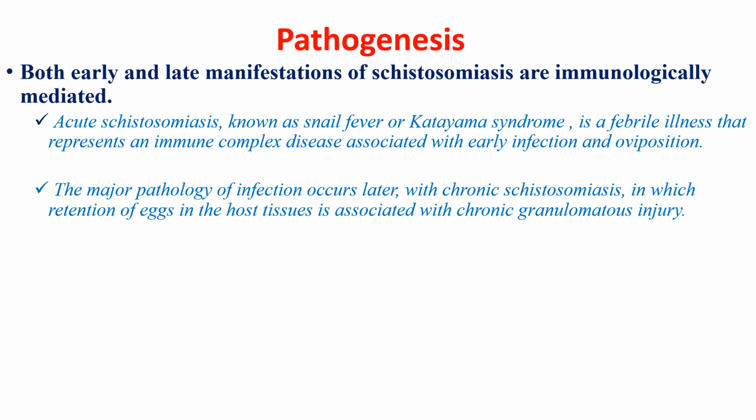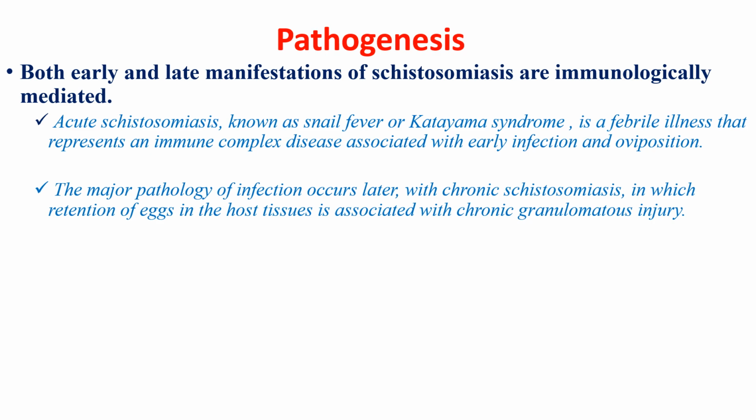Both early and late manifestations of schistosomiasis are immunologically mediated. Acute schistosomiasis, or the early form known as Katayama syndrome, is a febrile illness that represents an immune complex disease associated with early infection and oviposition. The major pathology occurs later, in the case of chronic schistosomiasis.